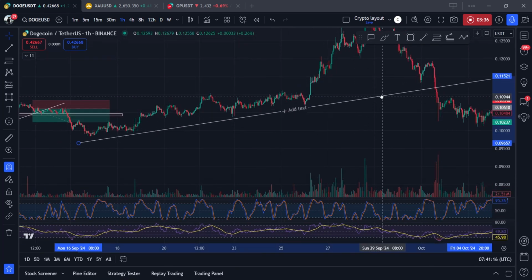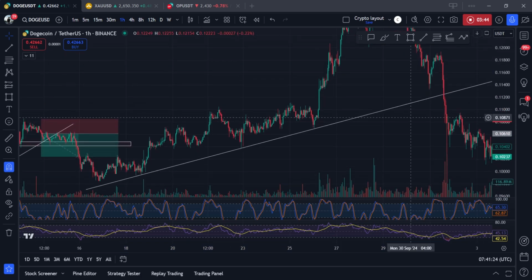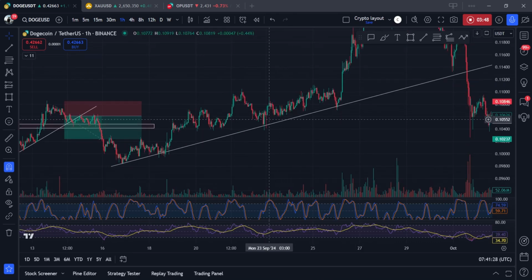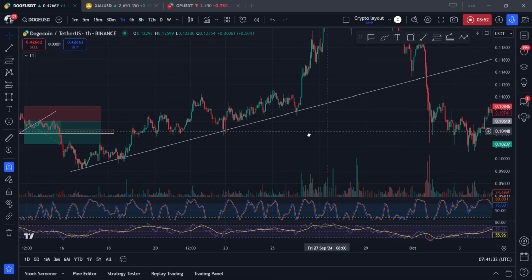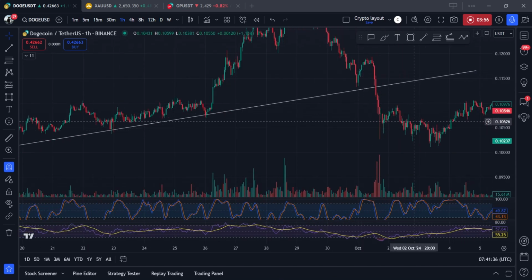No, you need to connect as many points as you can. As I was saying before, dynamic doesn't mean exactly there. Sometimes you can even do this. Like what I mean, the price can even go below that. I personally wouldn't like that, but it still can be correct.